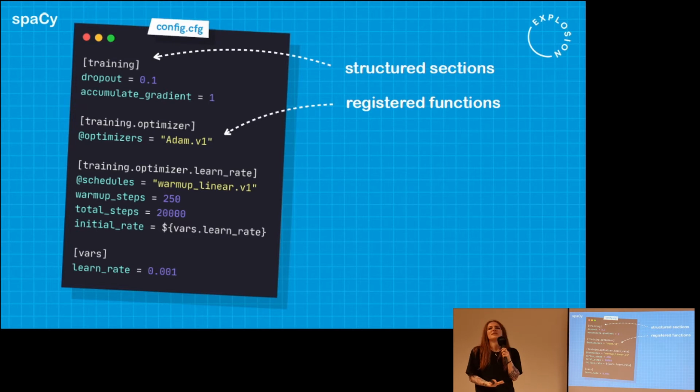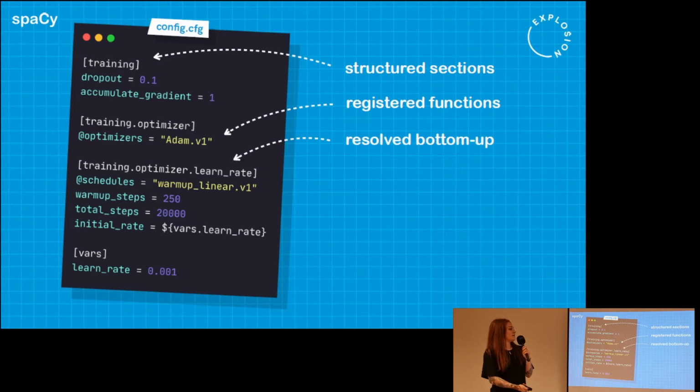But we're also avoiding the problem of programming via the config, where everything your program does, including conditional logic, is suddenly expressed in another language, where we're reintroducing the same problem, essentially. And what we're doing here is the config is resolved bottom up. So we don't have one function that knows all the settings, passes them down, and maybe if you forget to pass one down, everything falls apart. Instead, we start at the bottom. So here, this is just an example of something you commonly have in machine learning where you want to vary the learning rate during training.